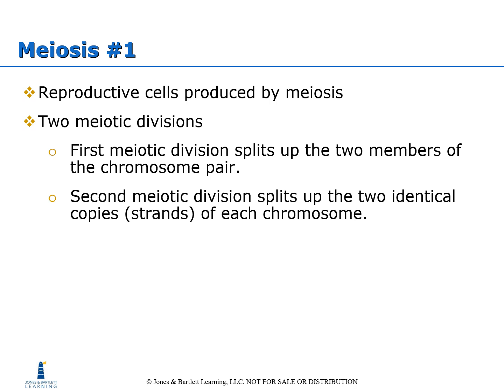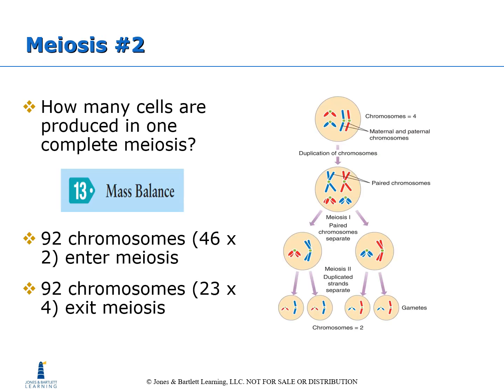Meiosis. Gametes, sperm and eggs, are produced by meiosis. It involves two divisions. The first meiotic division separates the two homologous chromosomes, one from each parent. The second meiotic division separates the two identical sister chromatids, so one diploid cell with 46 chromosomes becomes four haploid cells with 23 chromosomes each.